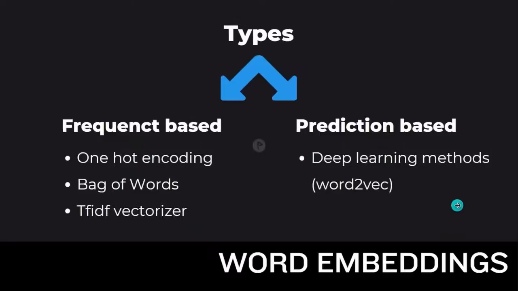And when we talk about word embeddings, the frequency based method also comes under word embeddings. So the first type is frequency based, which we have already used, which is one hot encoding, bag of words or TF-IDF vectorizer.